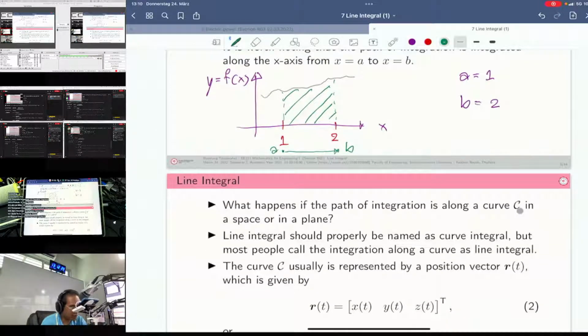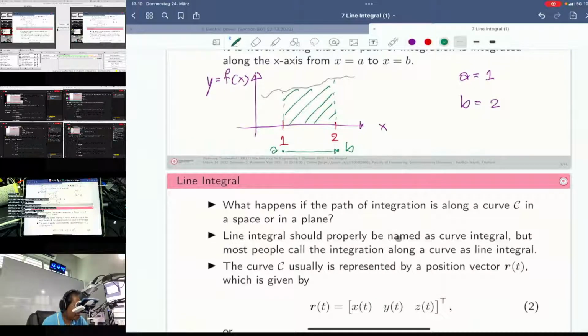Or curves, or contour, or whatever they want to refer to, in a space or in a plane. In a space means we have 3 dimensions, and if we talk about the plane, it's 2 dimensions.